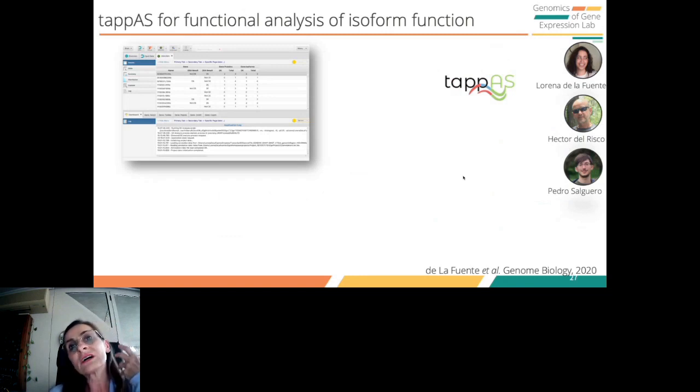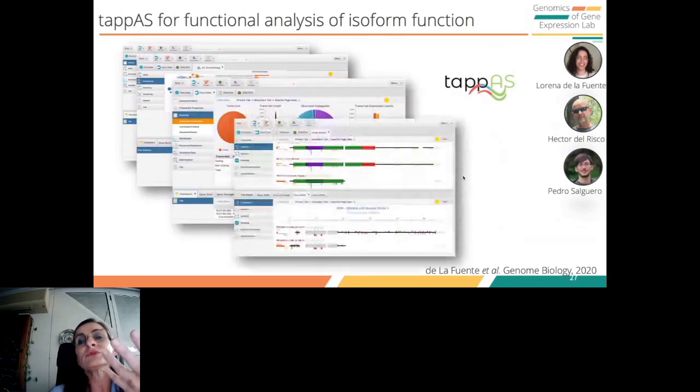This annotation file we can then input in TAPAS, which is a tool for exploratory analysis, differential isoform usage analysis and functional interpretation of the data, and is a user-friendly tool.